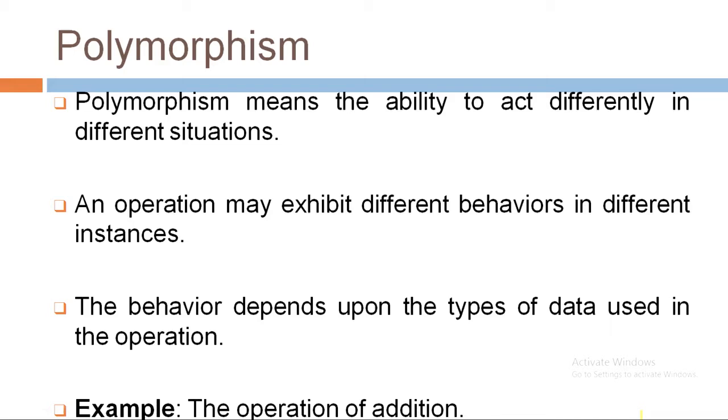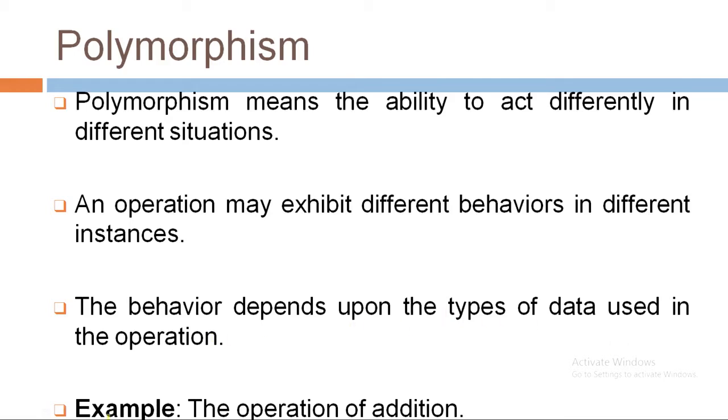A single entity acts differently in different situations. That's why it is known as polymorphism. So we can say that an operation may take different behaviors in different instances. That means at different times a particular function or operator behaves differently. So the behavior depends upon the type of data used in the operation.